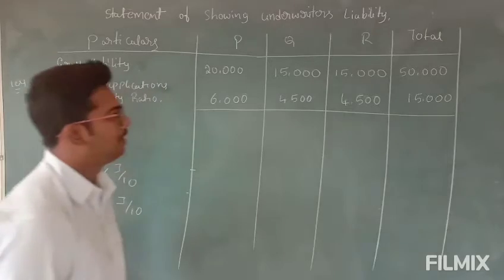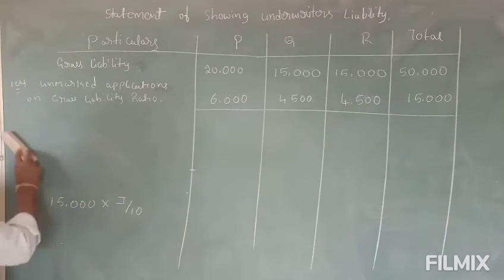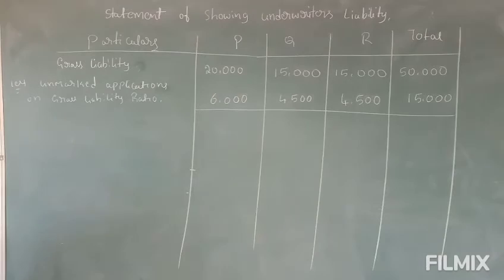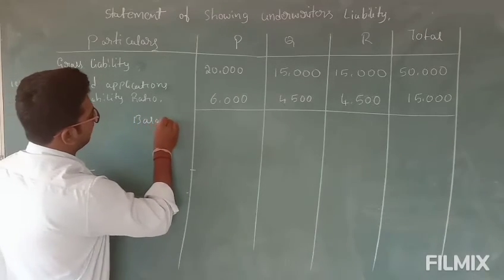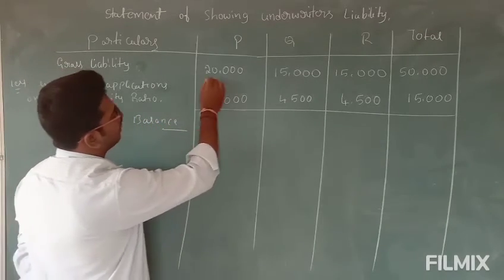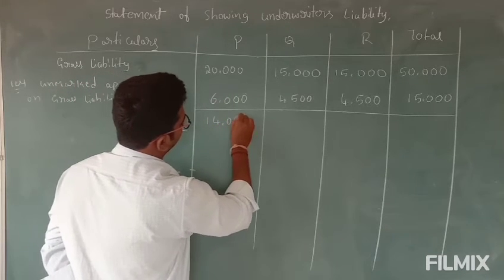So one step ahead, the unmarked applications that we distributed in the ratio of gross liability ratio. So now make the balance. 20,000 minus 6,000, you'll get 14,000.